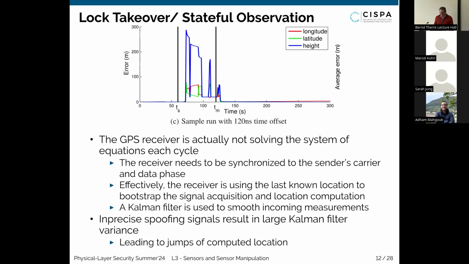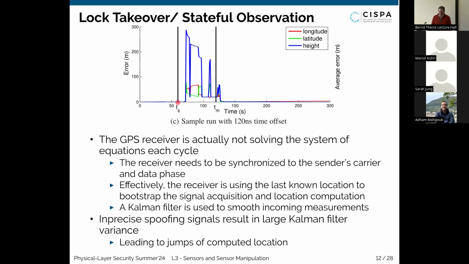What we looked into in the paper is what I'm showing here in the figure. The x-axis is time, and the y-axis is a location error. Before this part, the victim only has legitimate signals.